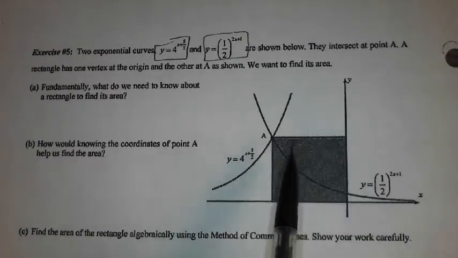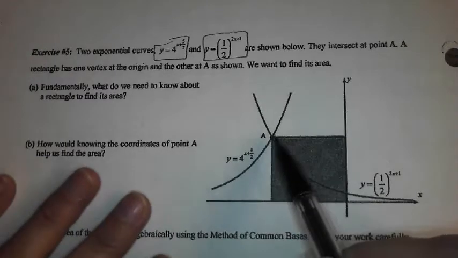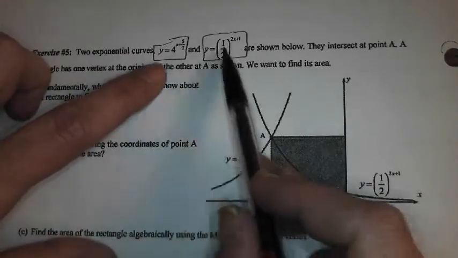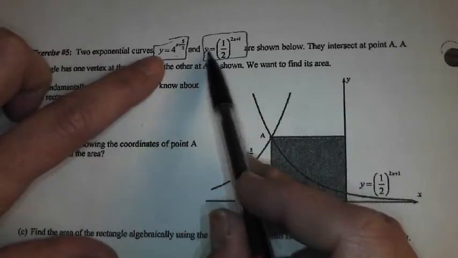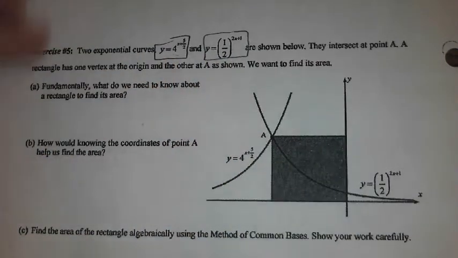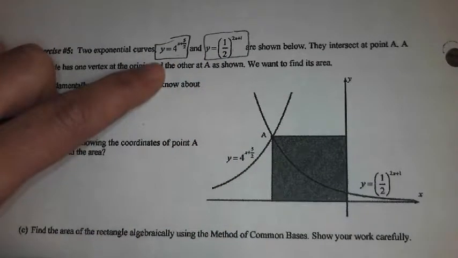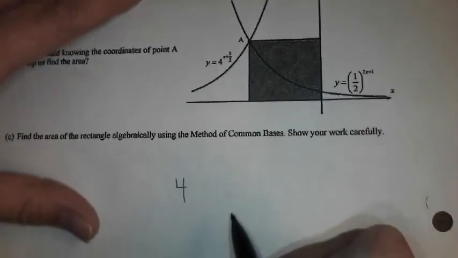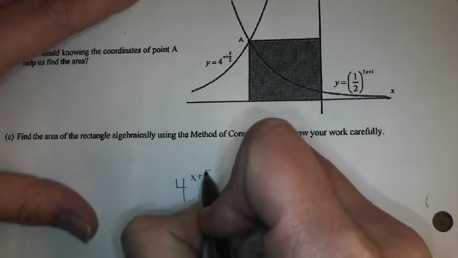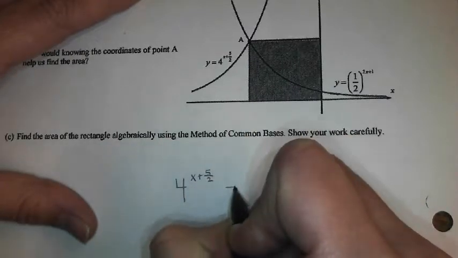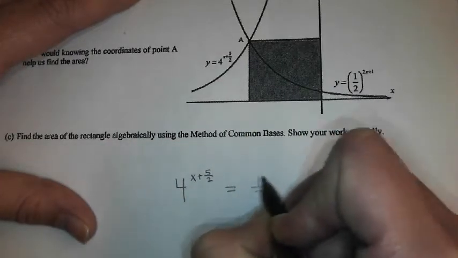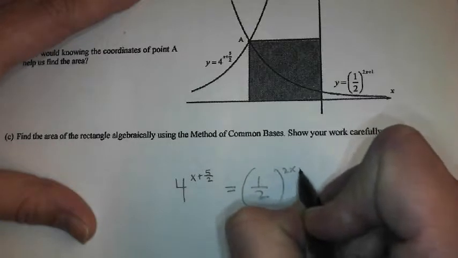Let's just do that. I'm not even going to read the question. I'm just going to assume we should be able to find point A. Where do these two graphs intersect? They both equal y. Set them equal to each other. So I'm going to set, and I'm going to use my space down below, 4 to the x plus 5 halves equals 1/2 to the 2x plus 1.